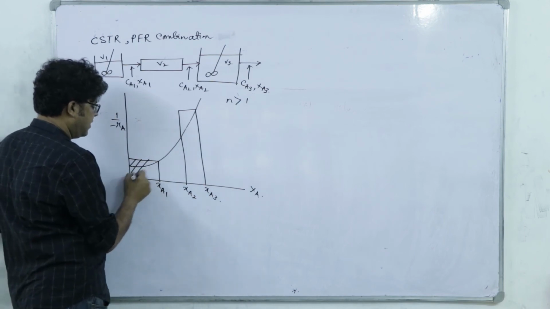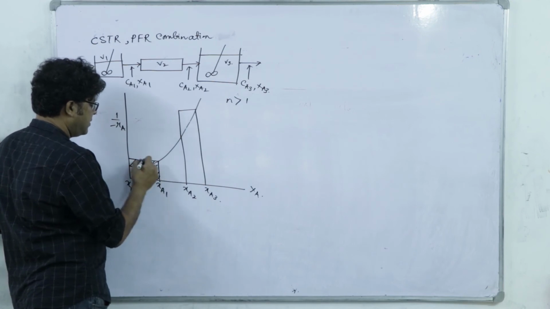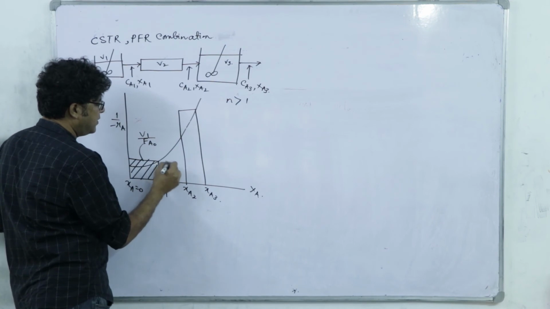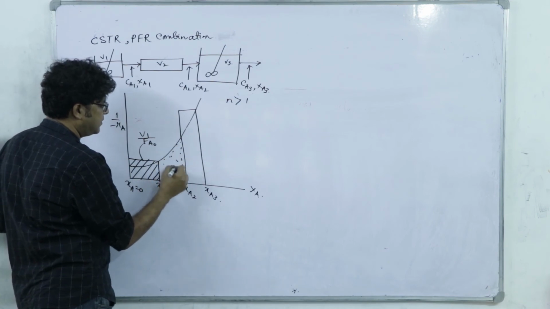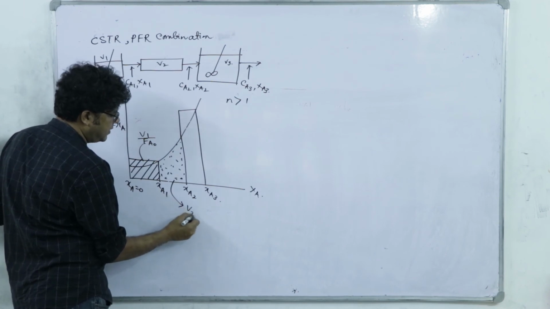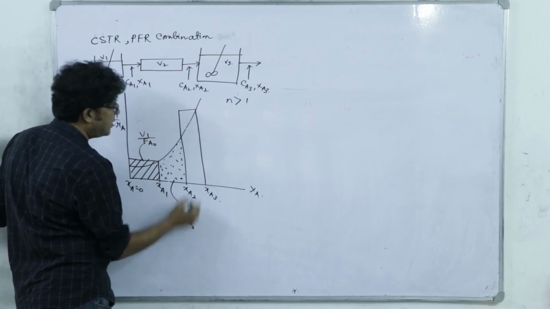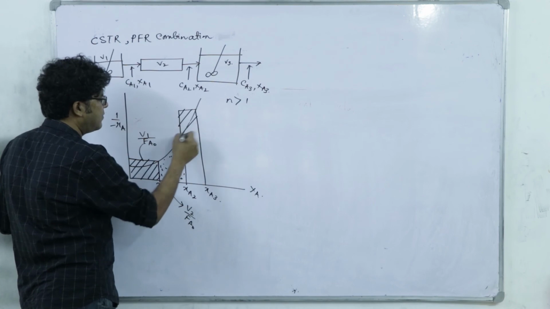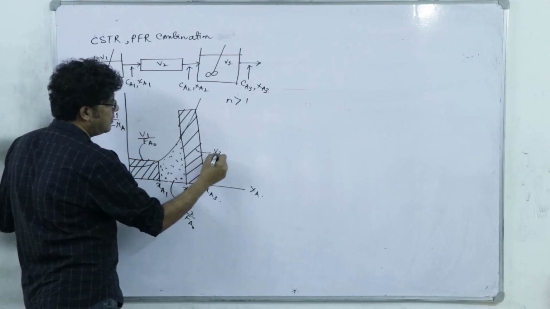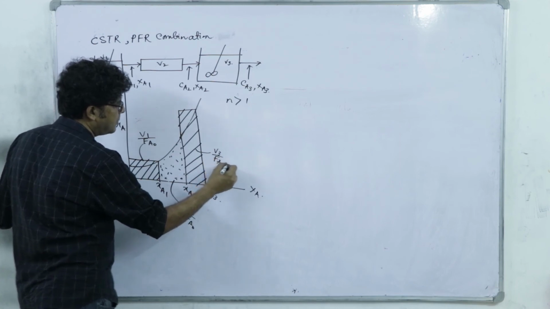So this area equals V1 by FA0. The area under the curve, because it is PFR, will be V2 by FA0. And again this area will be V3 by FA0.